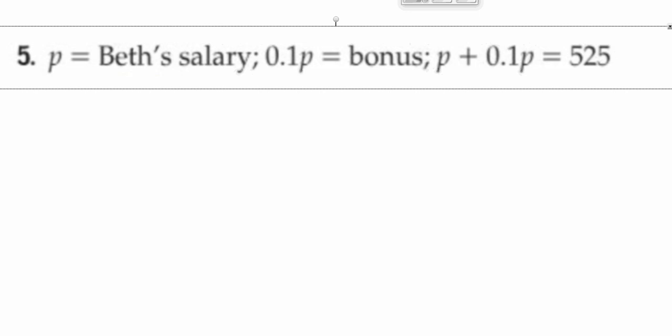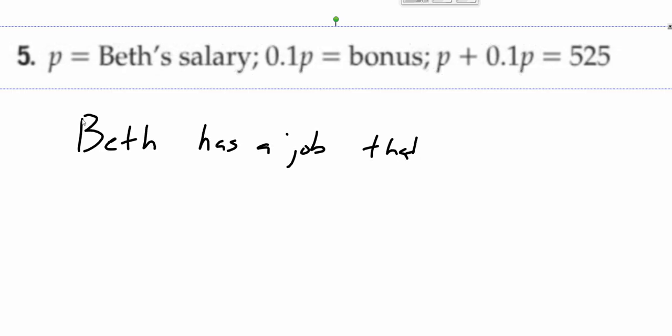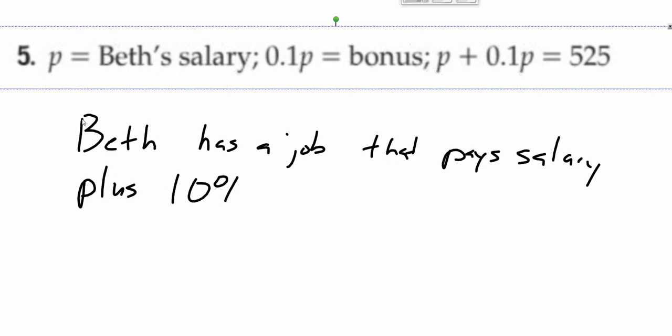So Beth has a job that pays salary plus 10% commission. So now we have everything set up.